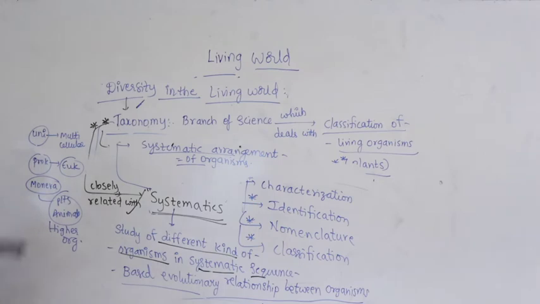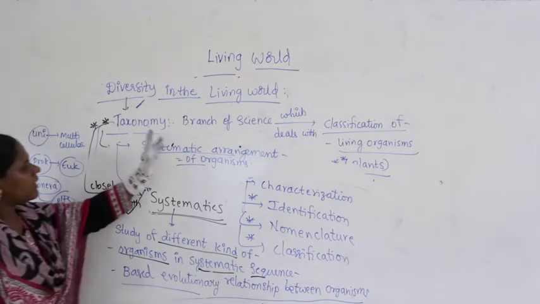So, if you start studying about the organisms, how they are produced in the environment, you will start keeping them in a systematic arrangement. First unicellular, then multicellular. Then we talk about prokaryotes, eukaryotes, and monera, lower organisms, and higher organisms like plants and animals.